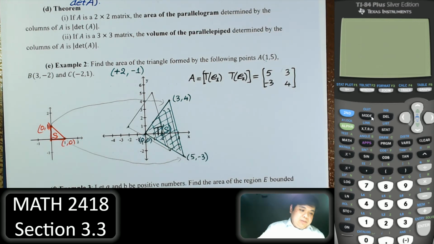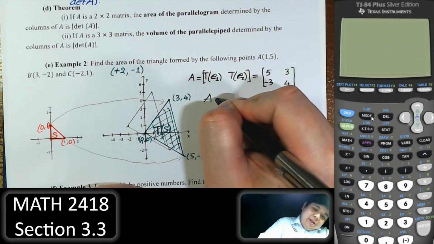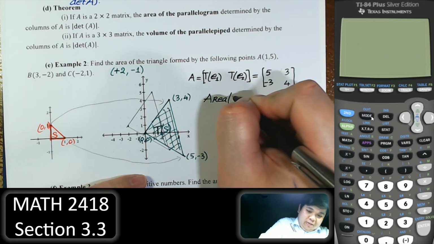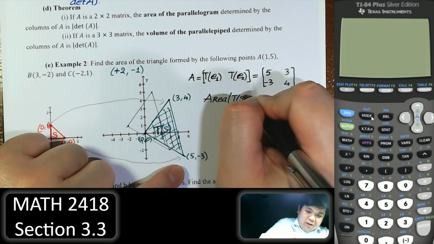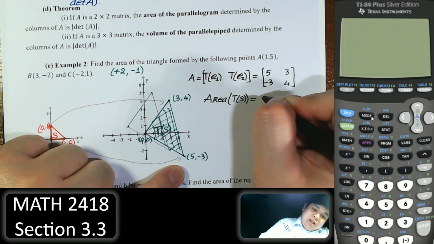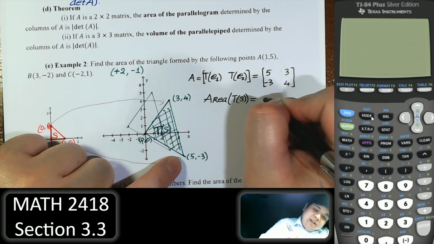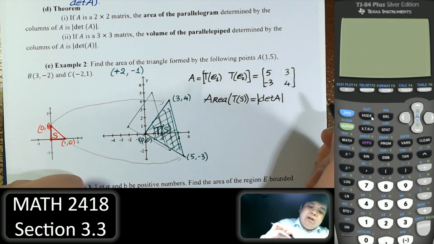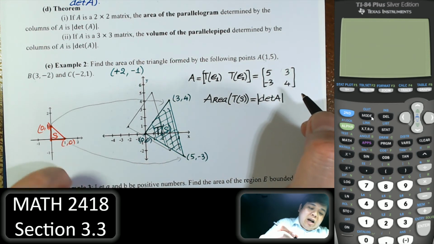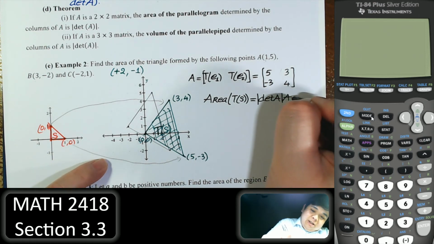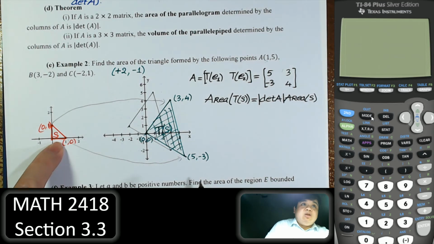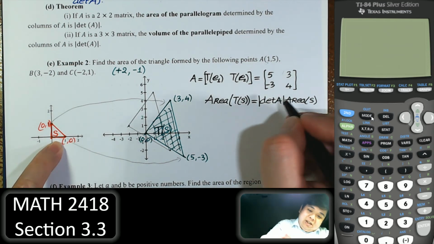So we say the area of T of S, which is that triangle, equals the determinant of A, don't forget, in absolute value, times the area of S. The area of S here is not the unit square, so only half of it.